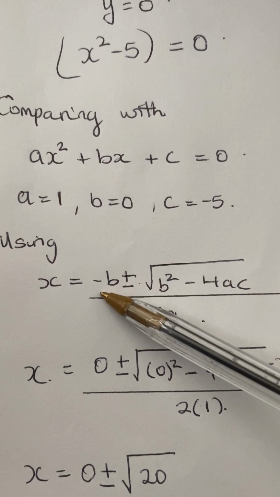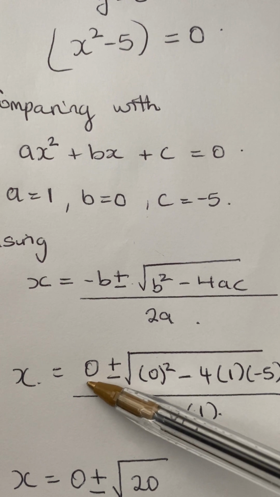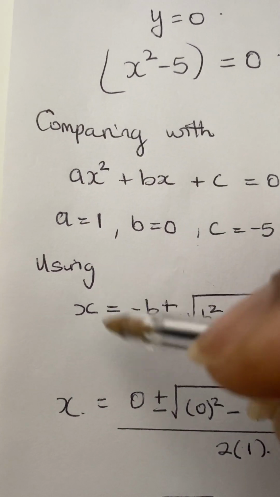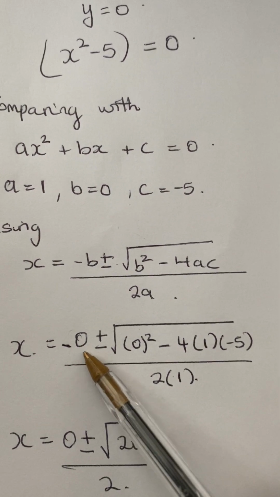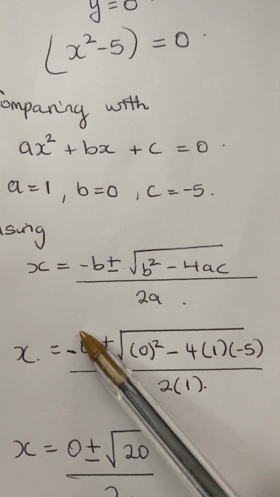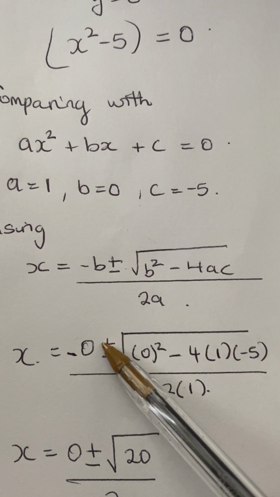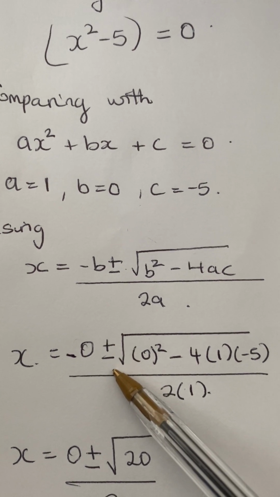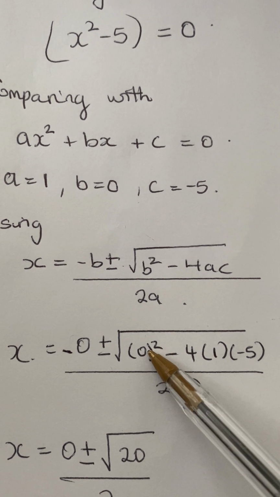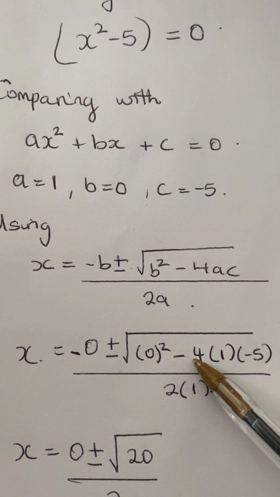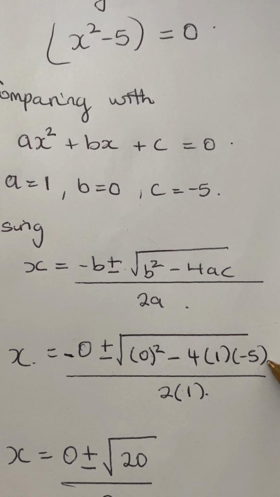So x is minus b, which is 0. Okay, let's not forget the minus. If it's 1, then we might not put it there. So minus 0 plus or minus the square root of b squared, 0, minus 4, a is 1, c is minus 5.